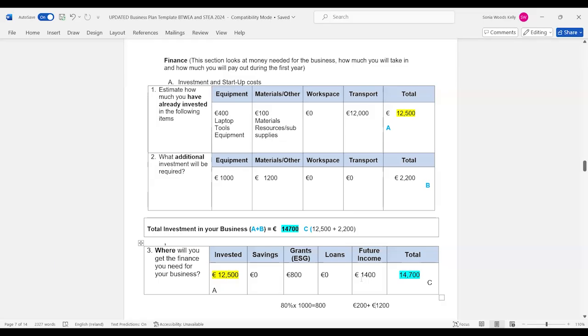So the three amounts together come to 14,700, and that relates to the information up here, the 12,500 that I've already invested and the 2,200 that I plan to invest. The two of them together come to 14,700.